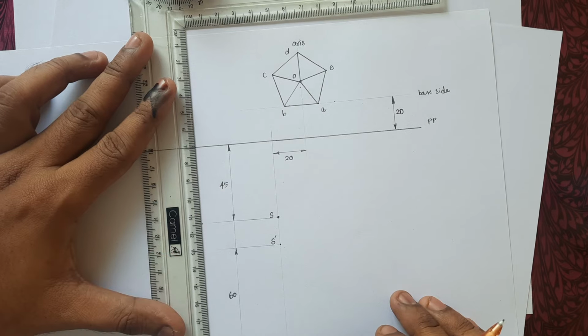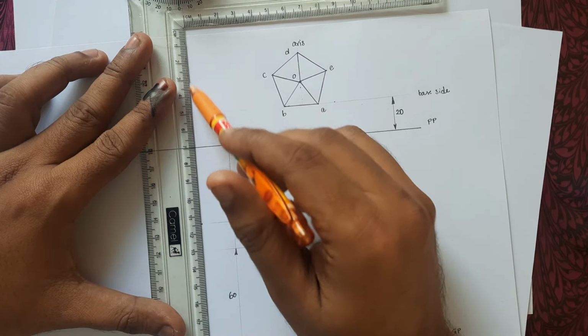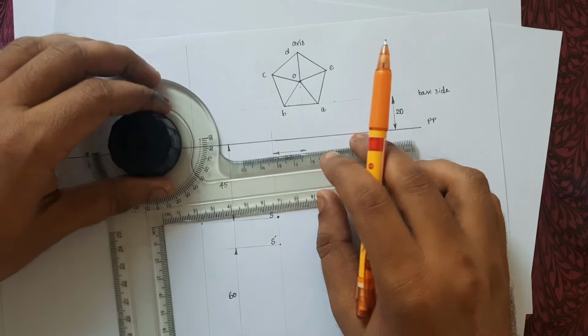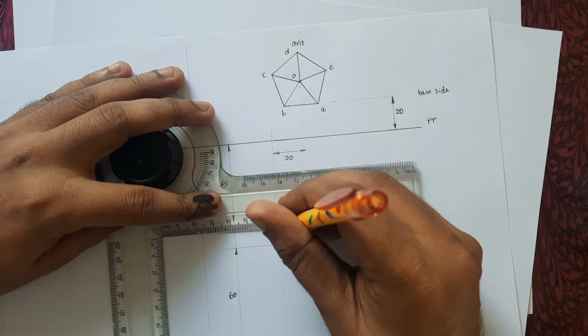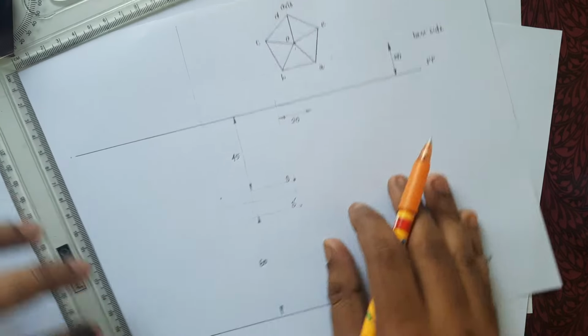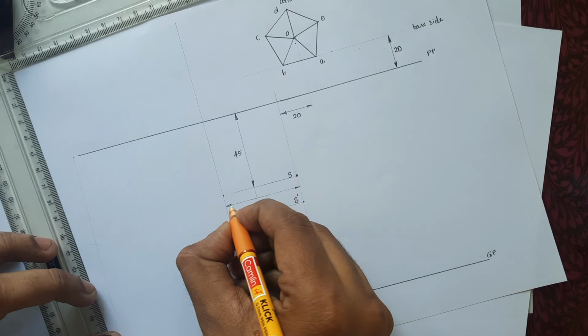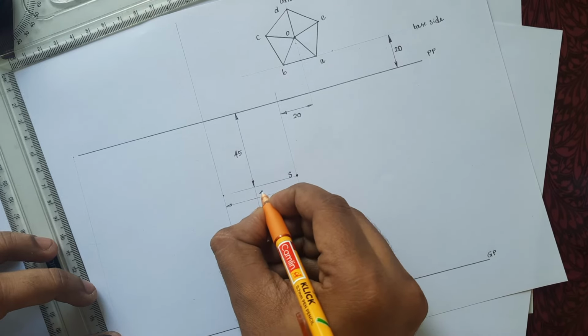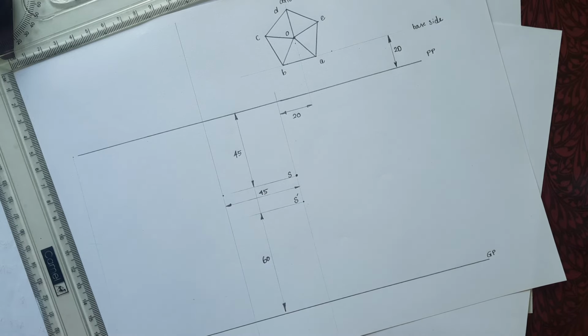The other PP line should be vertical. That also should be 45 mm distance from the station point. So the only thing is the station point is 45 mm away from the PP.